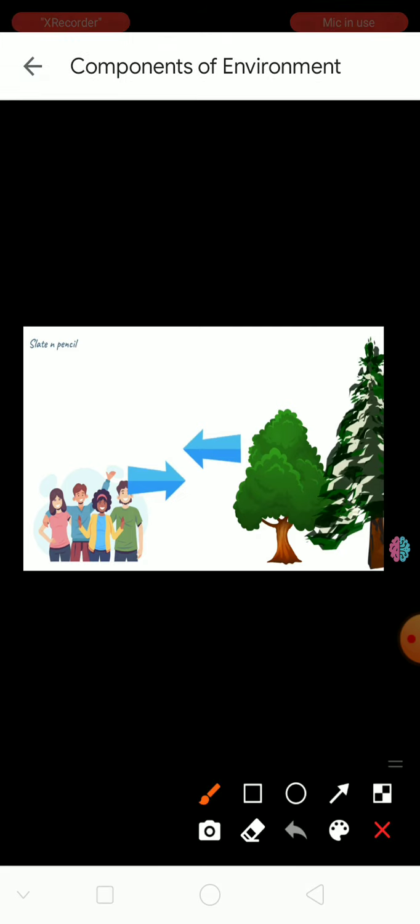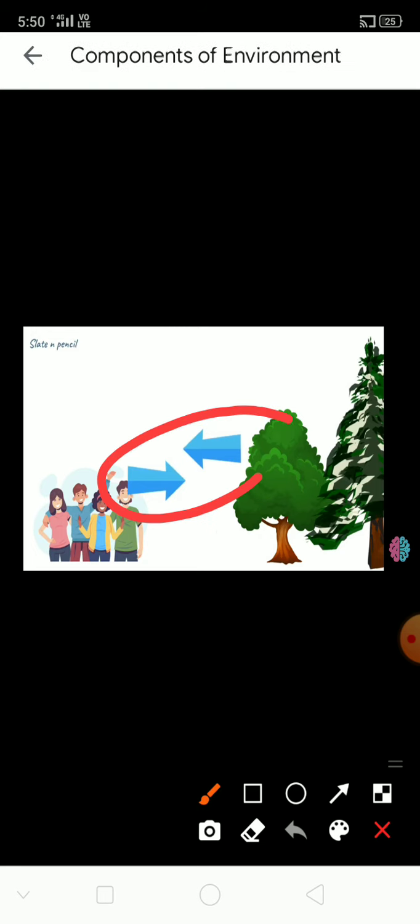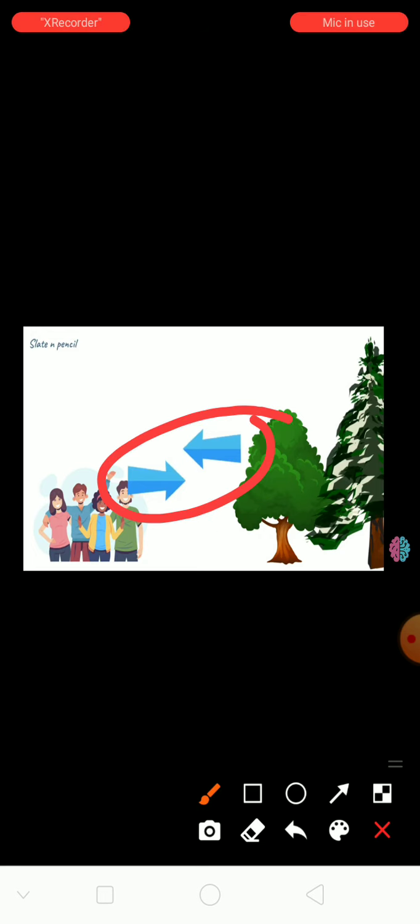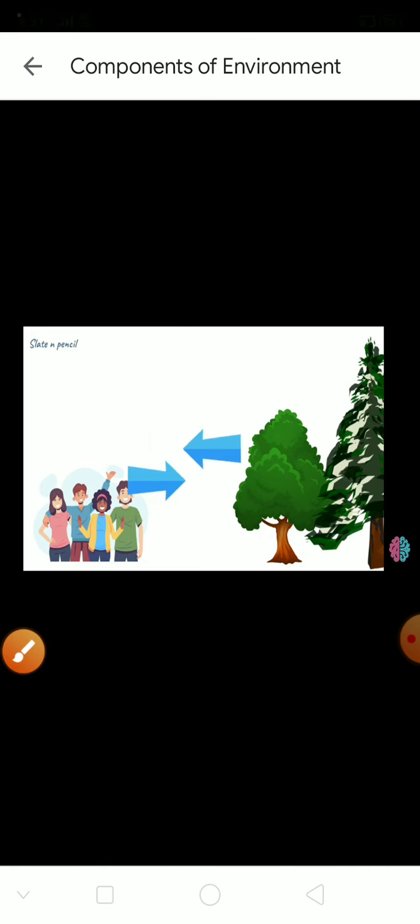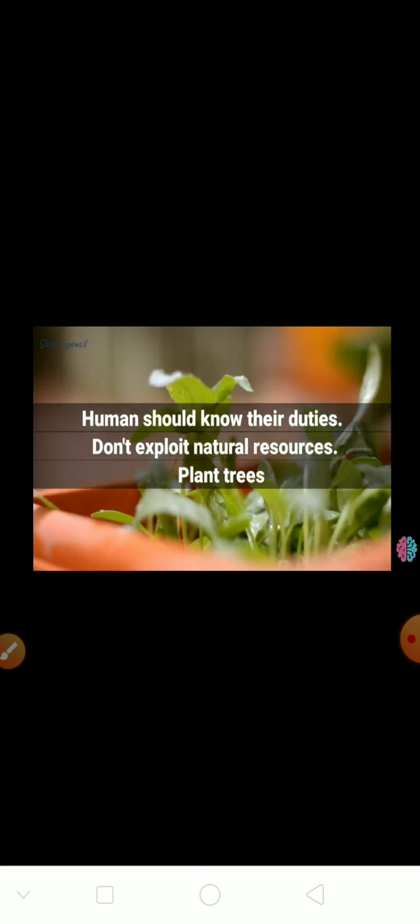A perfect balance between the natural and human environment is necessary. Humans should know their duties. Don't exploit natural resources, plants and trees. They must learn to use the environment wisely.